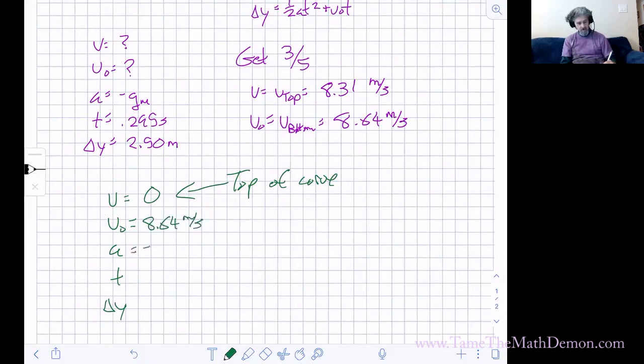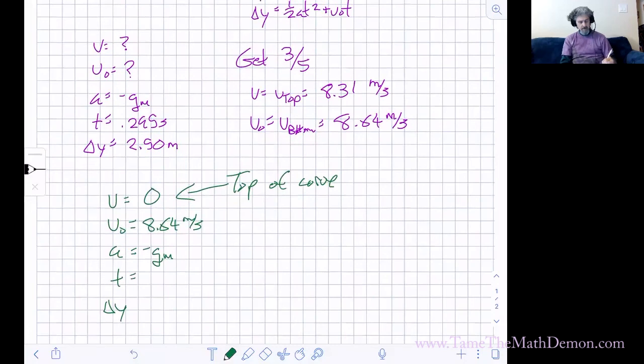The acceleration is still minus gravity on the moon, which, remember, we would have to plug in that number. The time we don't know, and of course the distance we don't know, because that's what we want to find out. But once again, hey, we got 3 out of 5. It's just a matter of plugging those things into the two kinematics equations and solving once again.